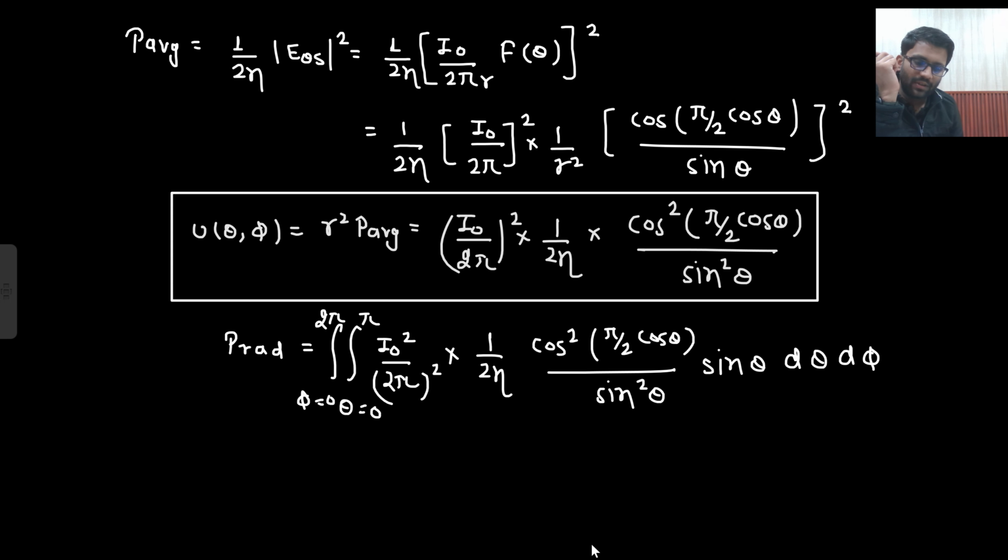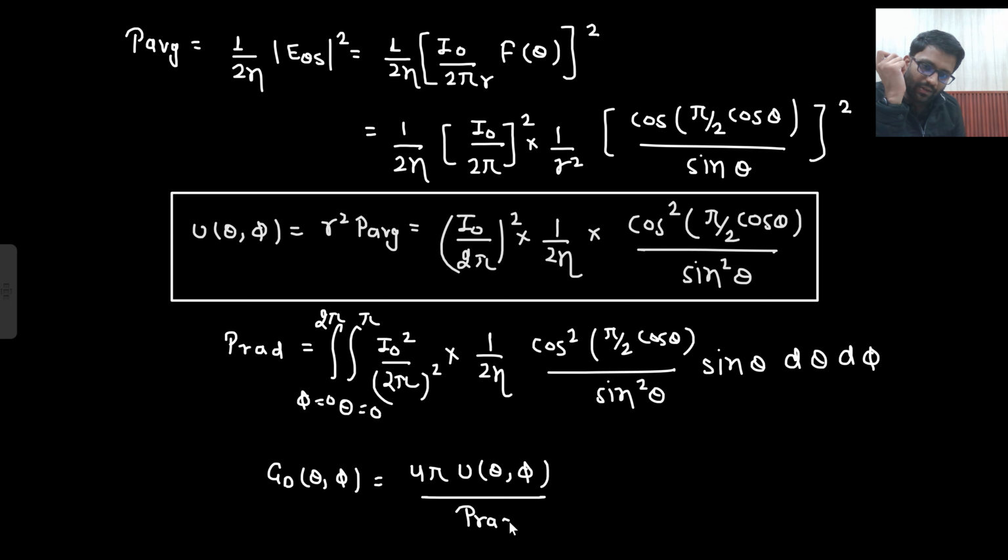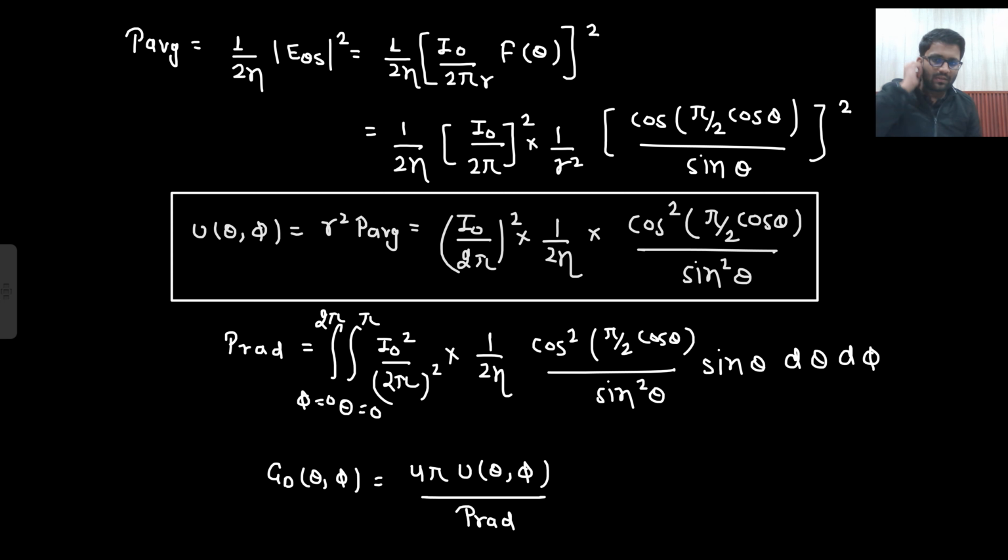What I need to find now? Directive gain. So that is equal to 4 pi into U(theta, phi) divided by P radiated. Let's write it down in the next page. Look, it is not tough at all, right? Now what will happen? 4 pi will be there as it is.